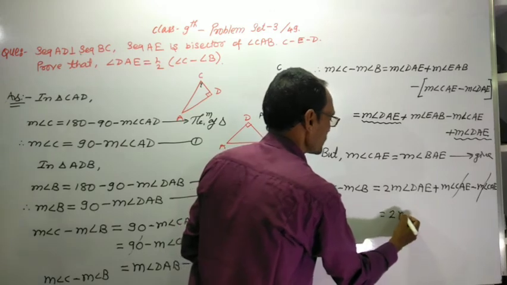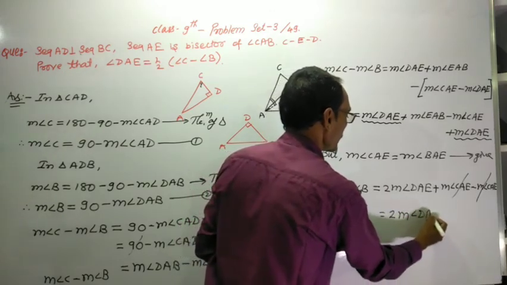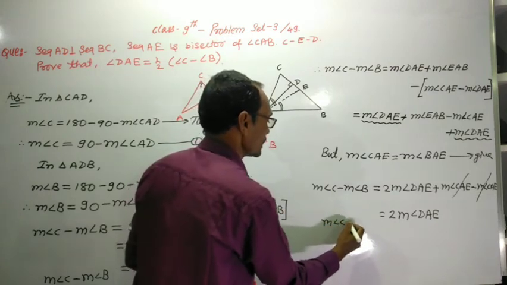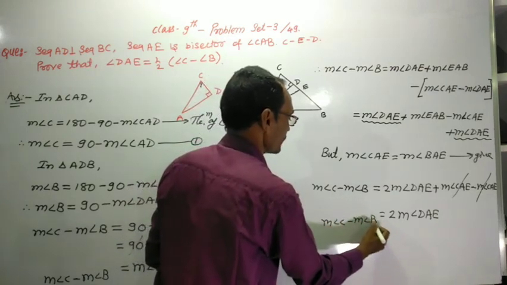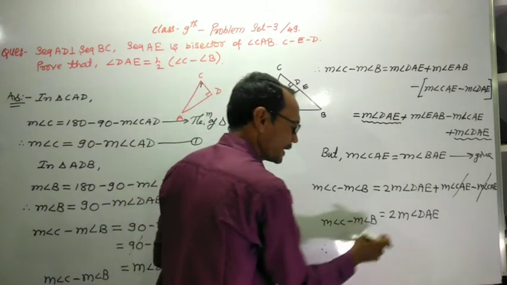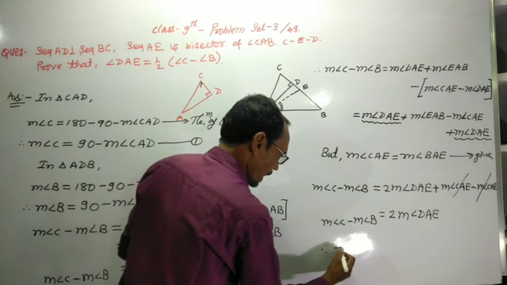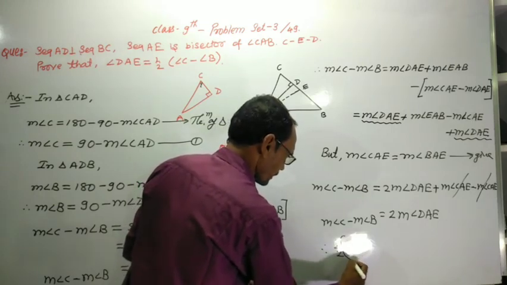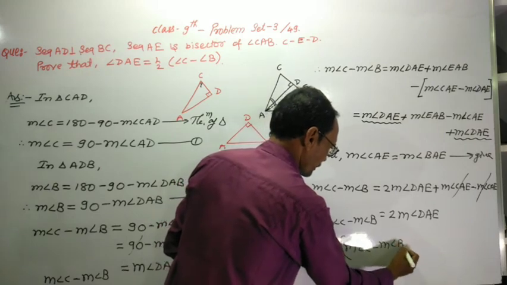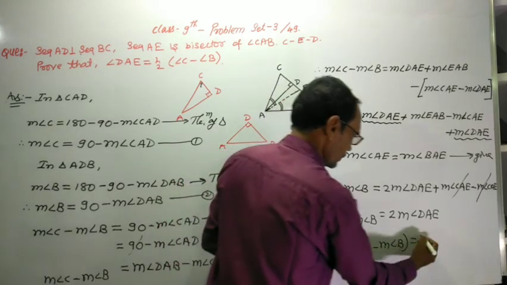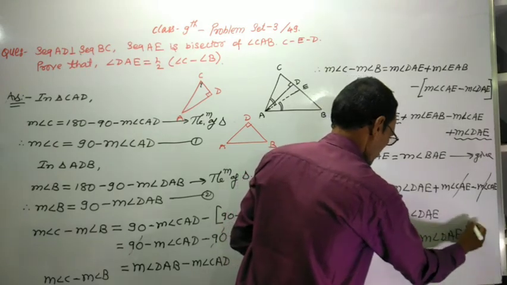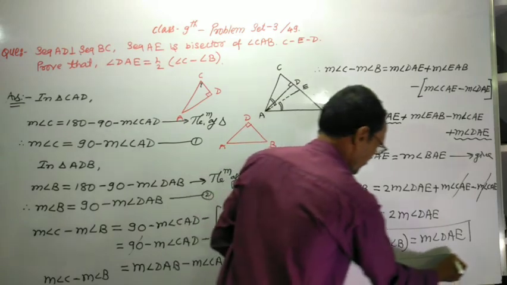Therefore, the remaining part is twice measure of angle DAE equal to measure of angle C minus measure of angle B. Dividing both sides by 2, we get half of measure of angle C minus measure of angle B equal to measure of angle DAE. This is the answer or proof of this question.